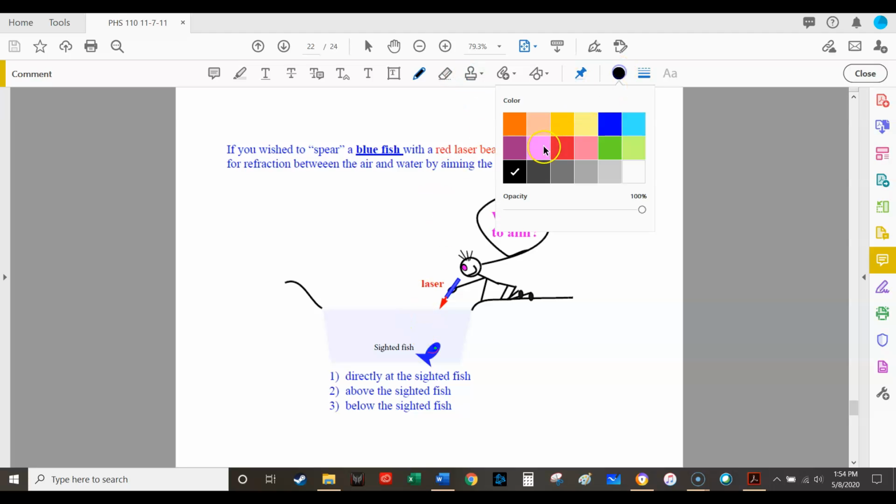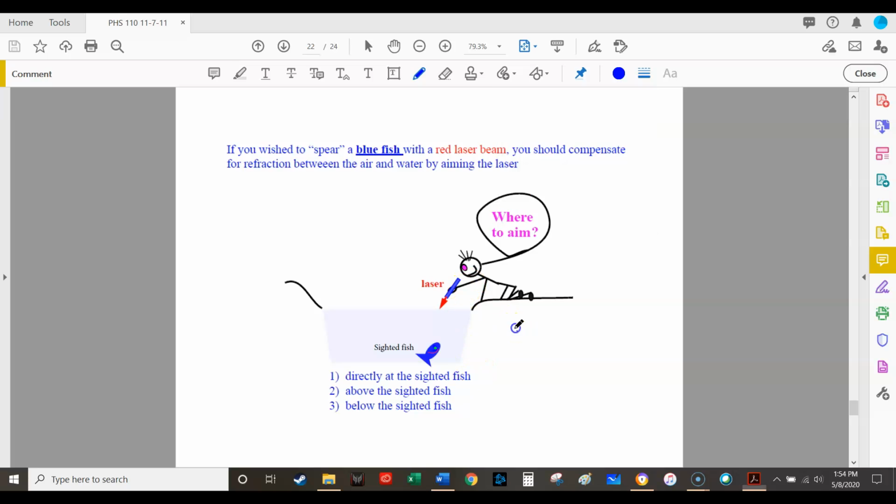Okay, so I'm going to draw a blue light beam from the fishy. So you're seeing the fishy right here. The fishy's light is leaving right here, and that's where you see the blue fishy. Correct? Well, the actual blue fish is going to be below.